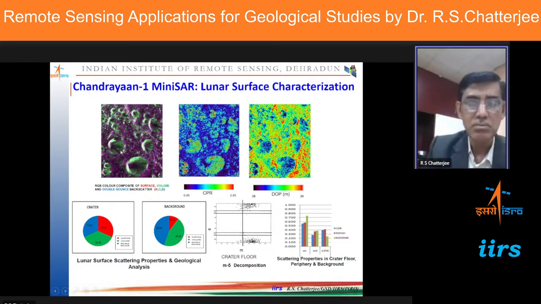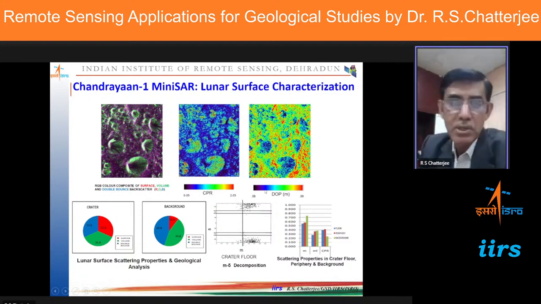We did it using circular polarization, that is compact polarimetric SAR images, with parameters like circular polarization ratio, degree of polarization, and polarimetric decomposition, for example M-chi decomposition and M-alpha decomposition. Then if we compare, we can characterize the lunar surface.